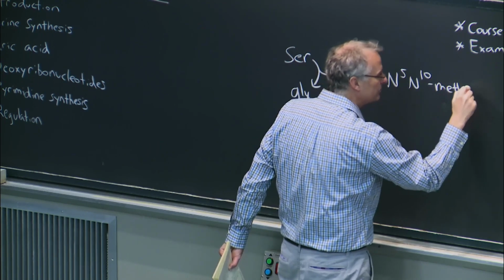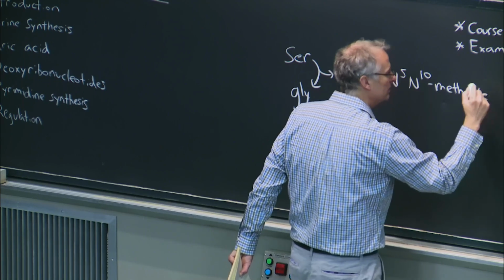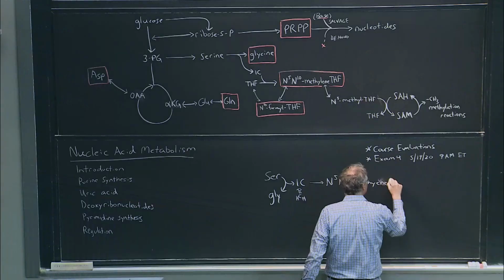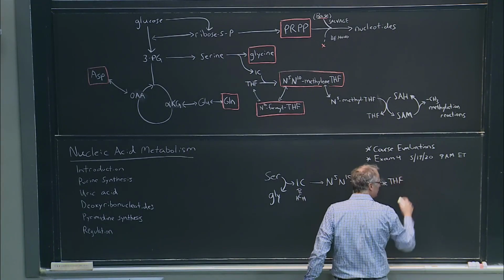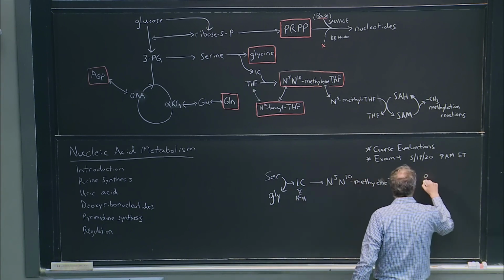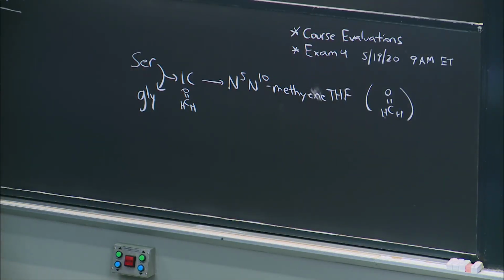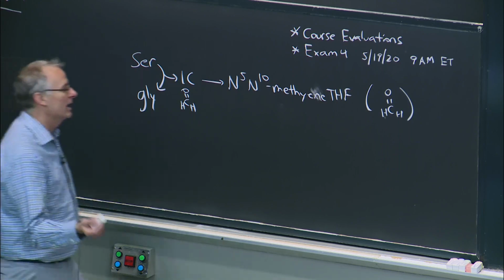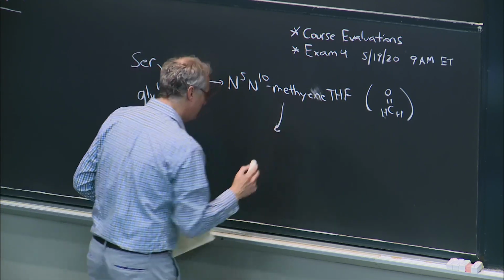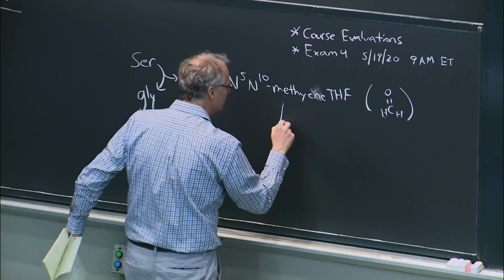N5,N10-methylene-THF, which you can really think of as a carrier for one-carbon units in the formaldehyde oxidation state, okay? Now, those can undergo an oxidation reaction, okay?